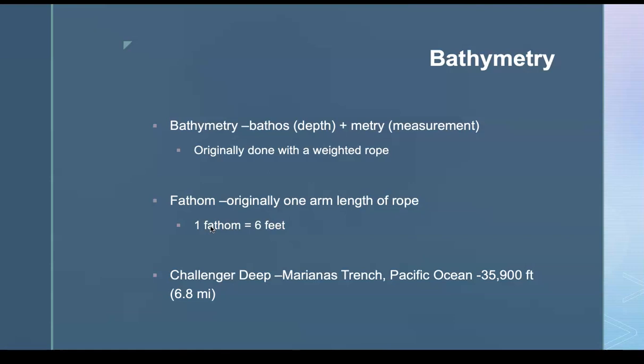Could you imagine, we've got all this cool machinery nowadays. They did it with a rock on a rope. Yeah, they probably had metal, but still. A fathom, this is really neat. This may or may not be in the other lecture. It's 1 arm's length of rope. Okay, so when they said something was 1,000 fathoms, that's some guy sitting there stretching out. Okay, 1 length of rope, 2 lengths of rope.